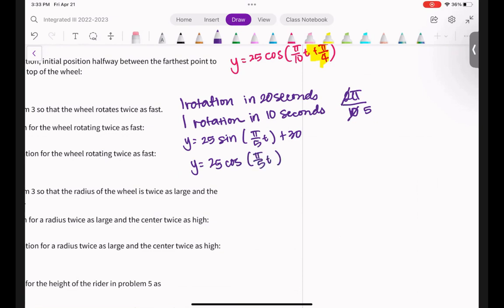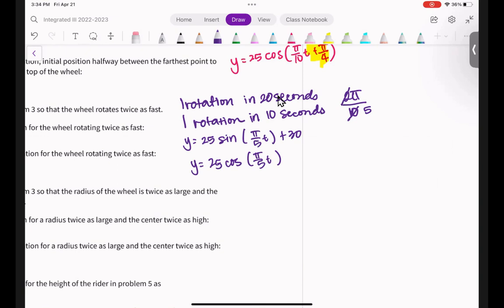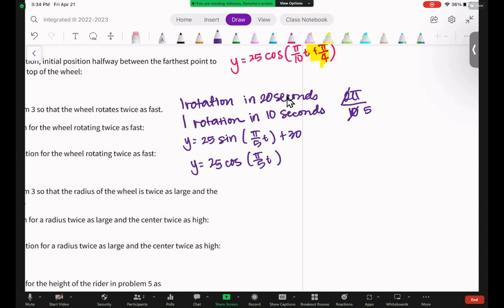Right? Ms. Johnson, where'd you get pi over 5 again? Well, when we did it before, you take your 2 pi and divide it by how long it takes you to complete one revolution. So this would be pi over 5, and now it doesn't take us 20 seconds anymore. It takes us 10 seconds because we're going twice as fast.